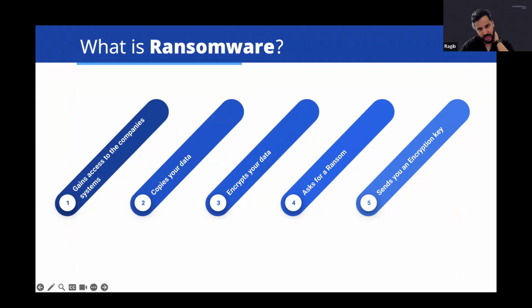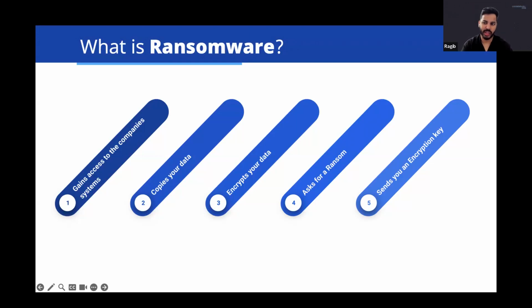So how do you handle the situation if they don't give you the encryption key? Normally, you always have backups. The primary defense is having secure, up-to-date backups.